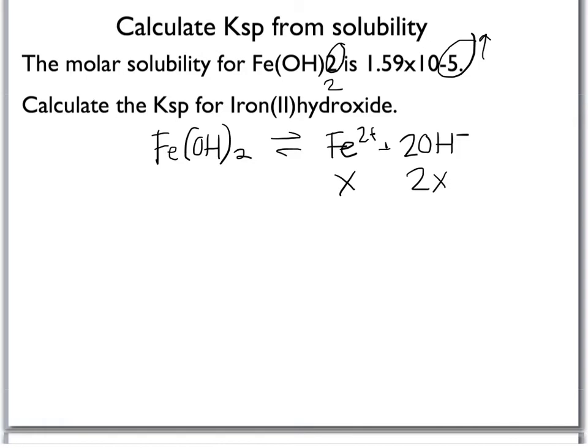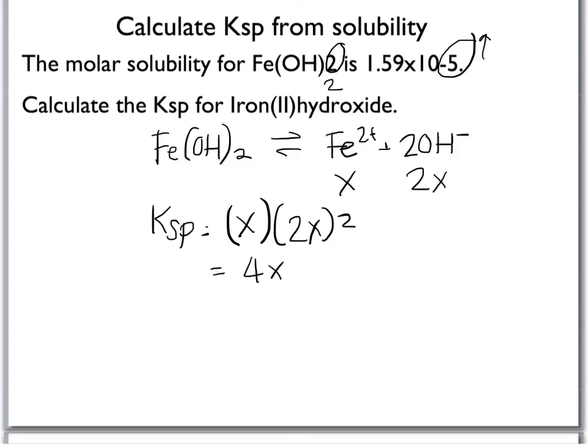So my Ksp for this is going to equal X times 2X squared, which equals 4X cubed, 1.59 times 10 to the negative 5.